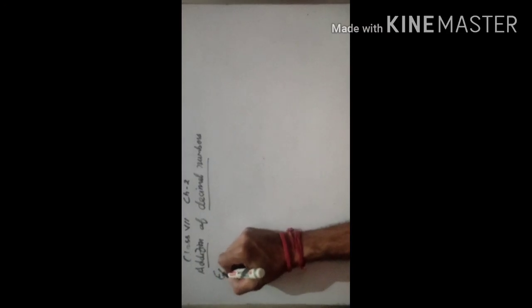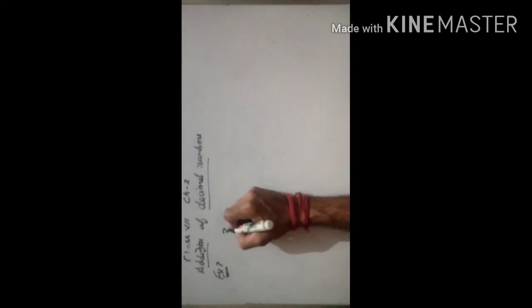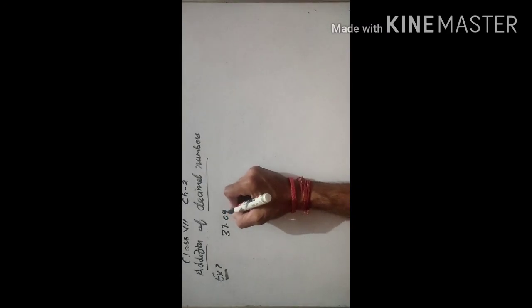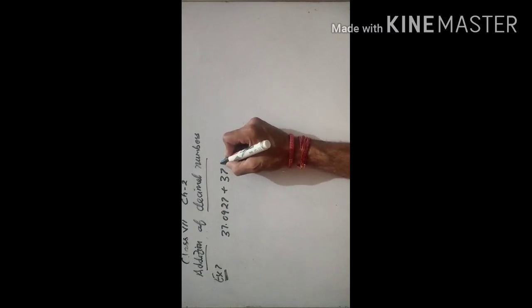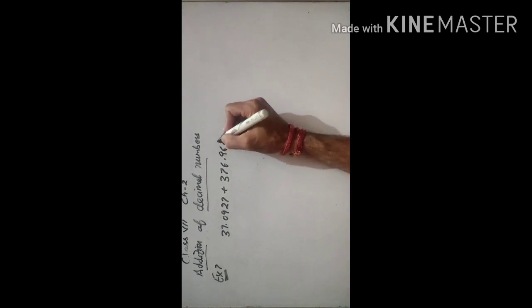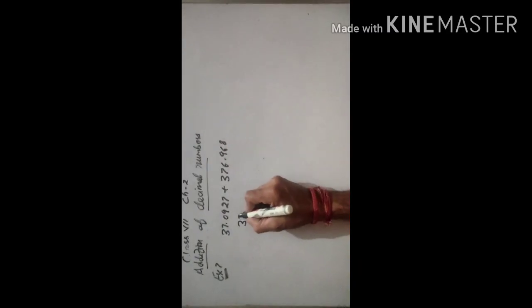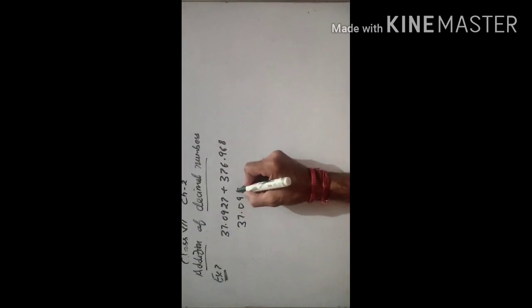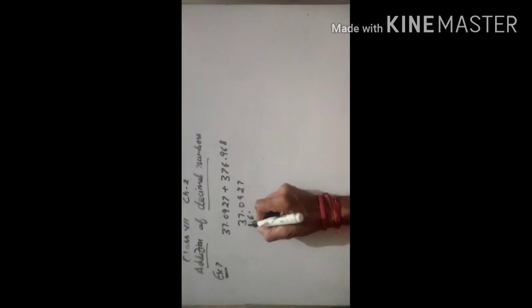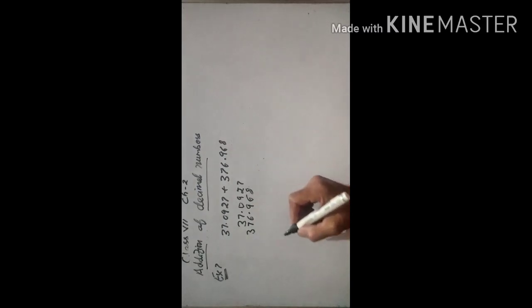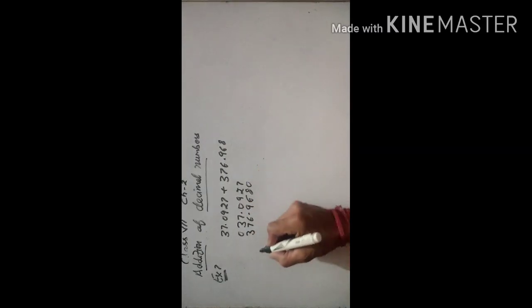For example, see example 7: 37.0927 plus 376.968. First we write 37.0927. Now the decimal of the other goes under this decimal. Now write 6 under 7, 7 under 3 and 3, and 9, 6, 8. Now put 0 here, make them like decimals, and add as usual.